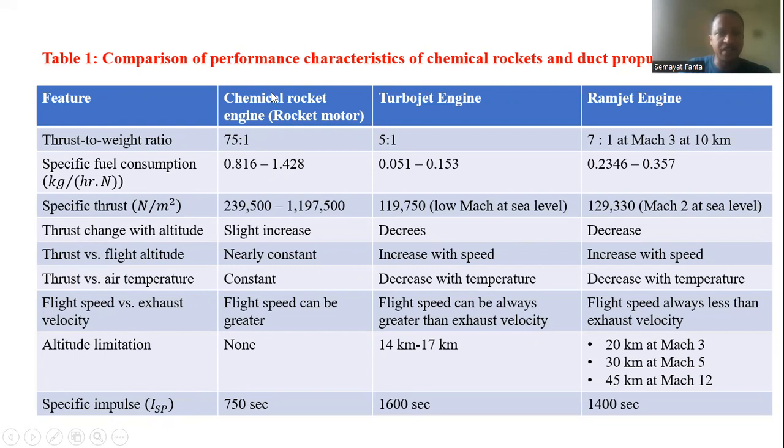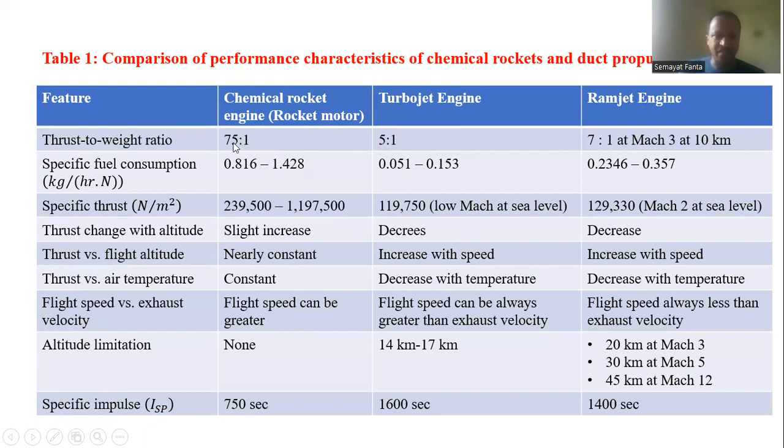So for chemical rockets, for turbojets, for ramjets, the thrust weight ratio: rockets 75 to 1, turbojet 5 to 1, ramjet 7 to 1.